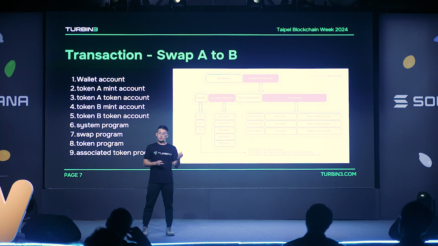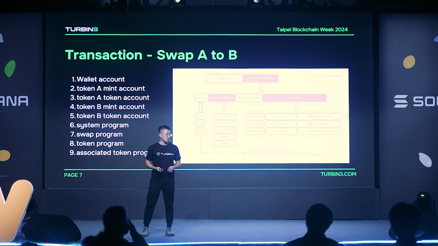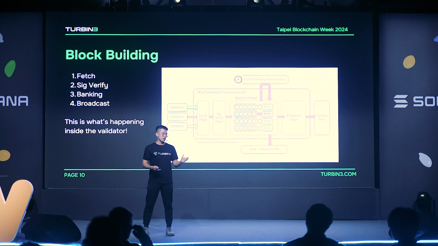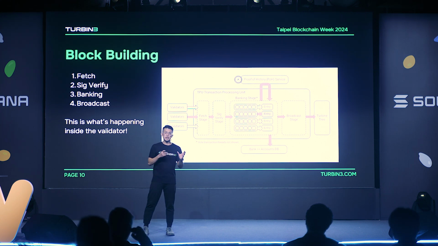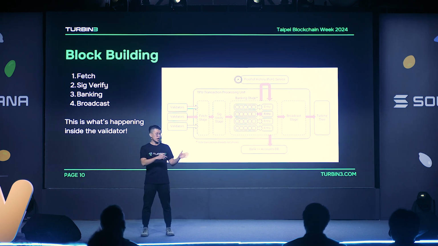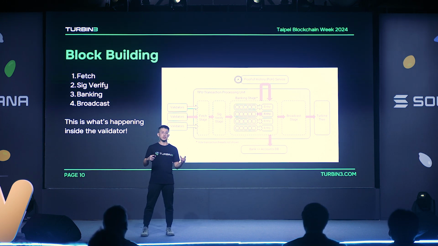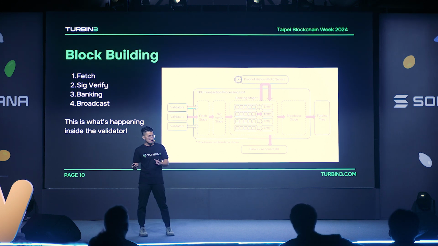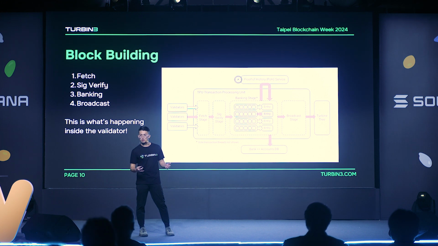Because the user or the developer has defined all this, at execution time the validator knows which transactions don't conflict with each other, so that they can batch 64 transactions in a non-conflicting order as an entry, so that these 64 transactions can be executed in parallel.